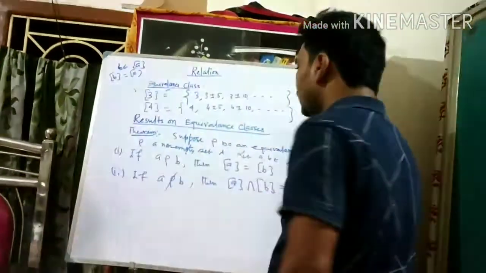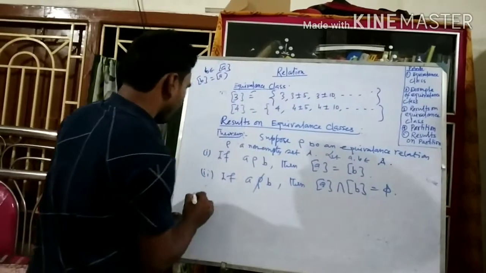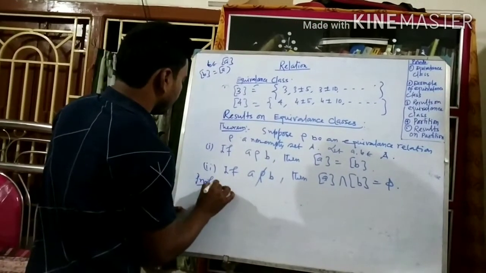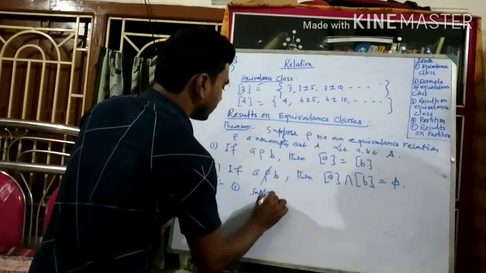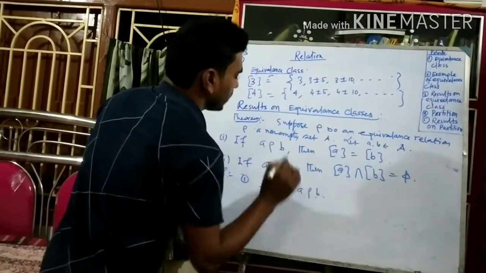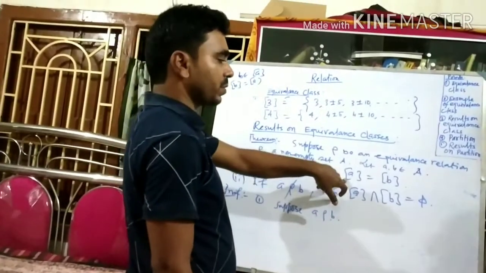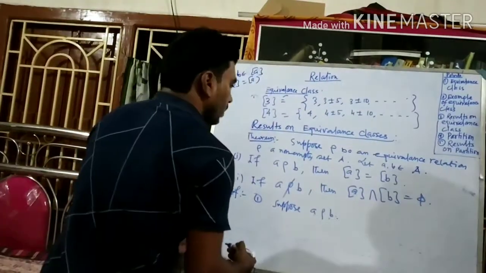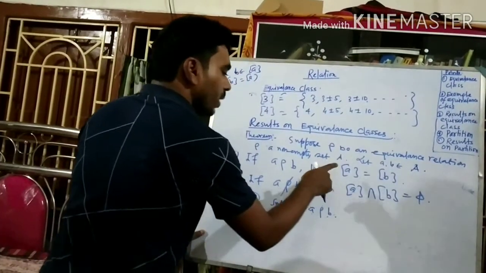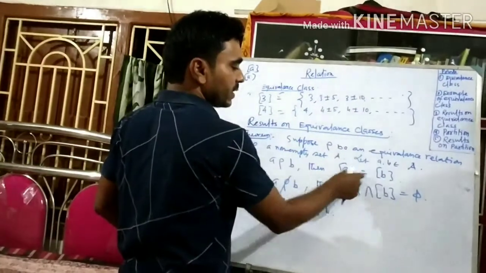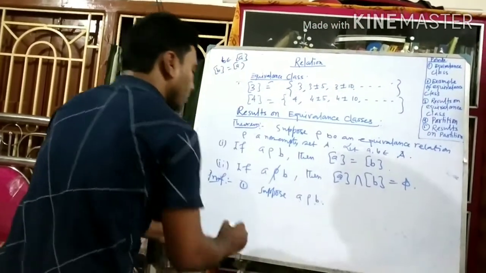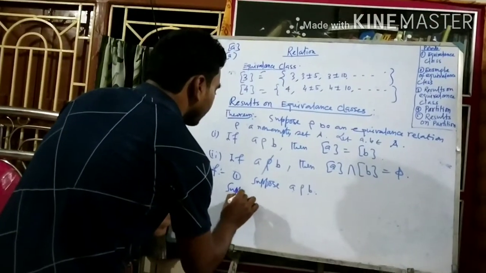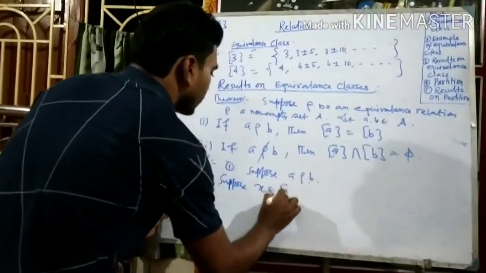Okay. Let's prove the first one. Suppose a is related to b. We have to show that class of a is equal to class of b. So for that we have to show that class a is a subset of class b and class b is a subset of class a. So suppose x belongs to class a.